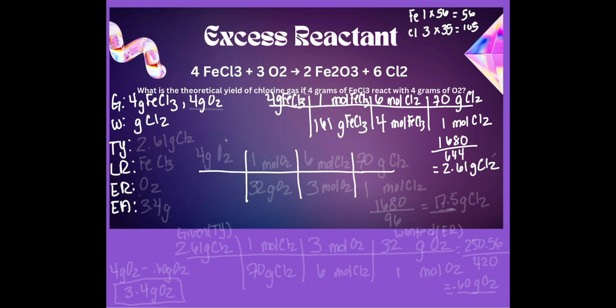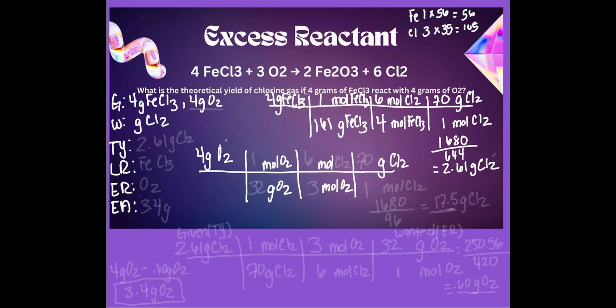On my second railroad track, I'm going to put my second given, which is 4 grams of O2. Then my want is going to be the same, which is grams of CO2. So let me go ahead and fill out my railroad track.